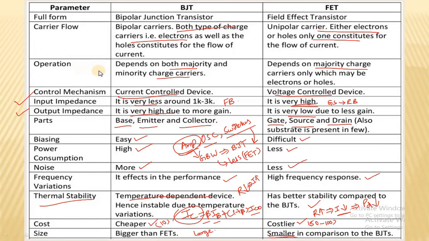That is why in most digital circuits we use FETs. BJTs are used for analog circuits where we require amplification. FETs have a smaller size and therefore can be conveniently used in large numbers in digital systems. That is why they are preferred in digital circuits, and BJTs in analog circuits.